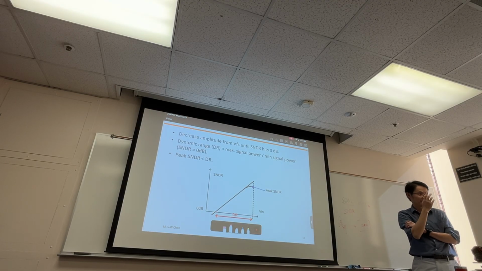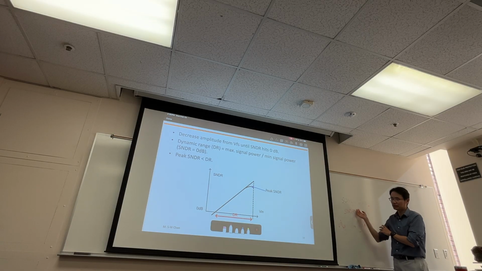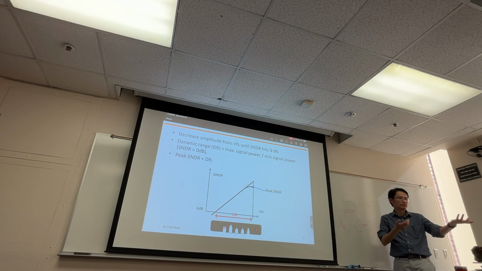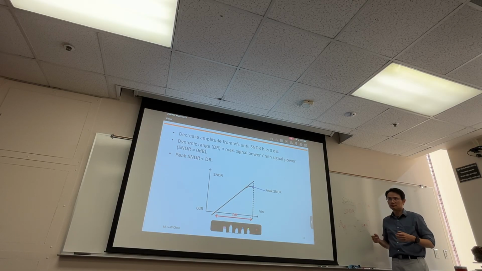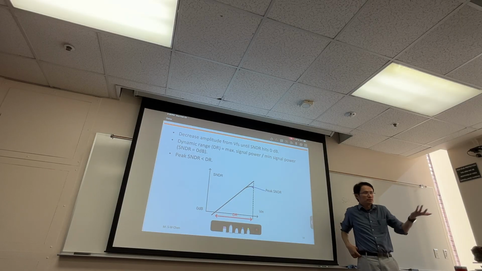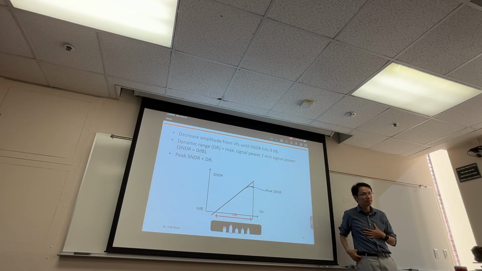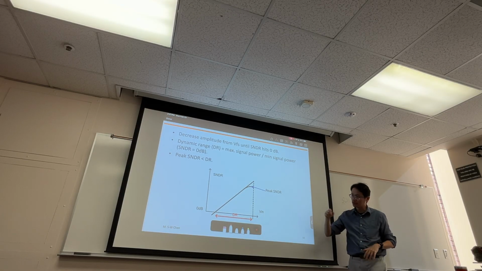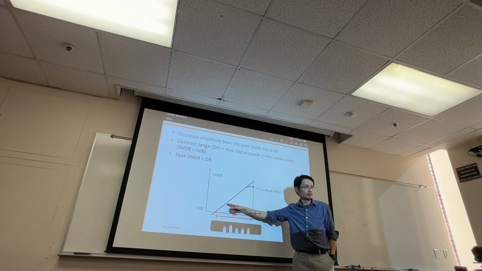So at some point the noise just saturates. The same goes for circuit noise, for example 4kT gamma over gm. As long as your gm is roughly the same, your noise remains roughly constant. So by and large the noise stays constant, and your signal power keeps going up, so that's why SNDR keeps increasing. What's the slope here?